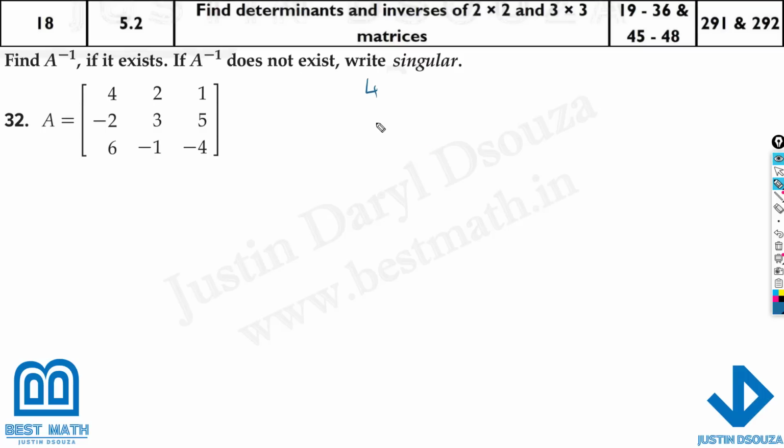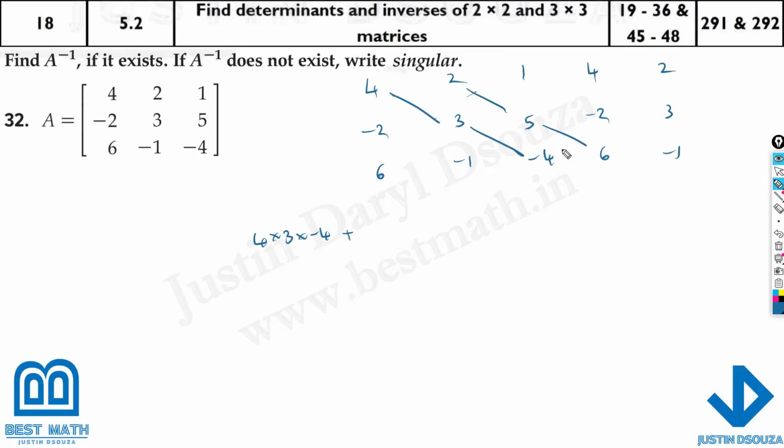Again, first write 4 minus 2, 6, 2, 3 minus 1, 1, 5 minus 4. You get again 4 minus 2, 6, and 2, 3 minus 1. So not down to up, it's up to down. 4 times 3 times minus 4 plus. You can directly write over here the multiplied answer instead of writing all the terms. 5 times 2 is 10, 10 times 6 is 60.